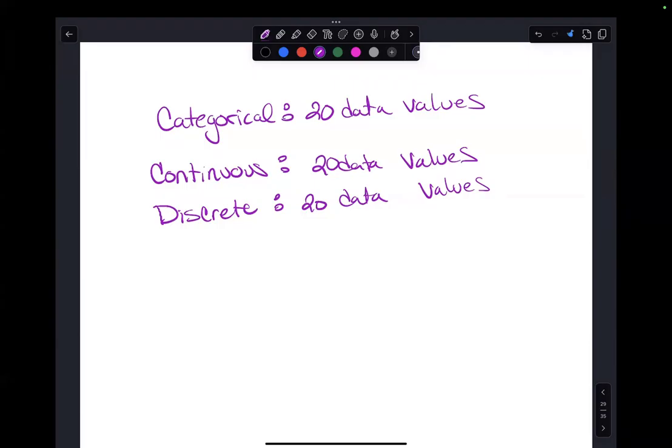Oh, and another example for continuous data. Maybe you keep track of your exercising and you could talk about how many minutes you worked out the last 20 days. You can talk about how many ounces of water that you've drank in the last 20 days if you write that down.